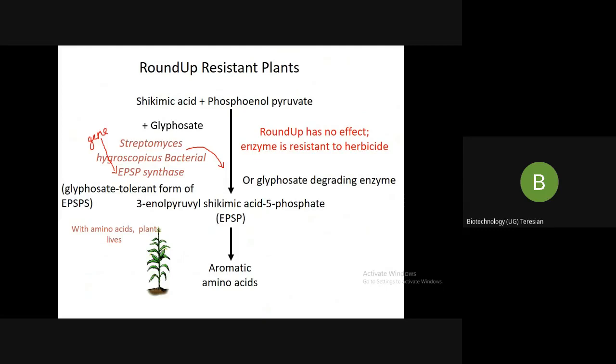So all the reactions in the metabolic pathway will occur. Finally, aromatic amino acids and vitamins are produced and your plant will survive. So this is about herbicide tolerance, particularly against this glyphosate. Hope you understood it.